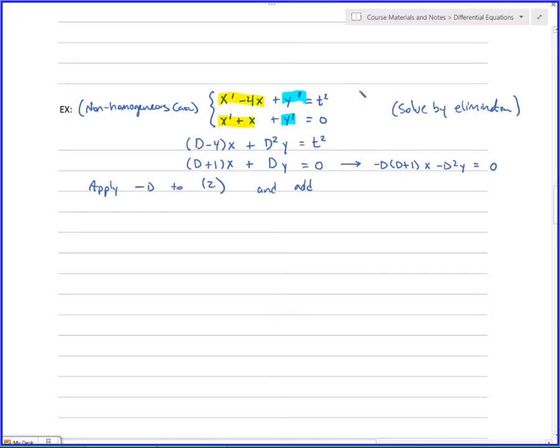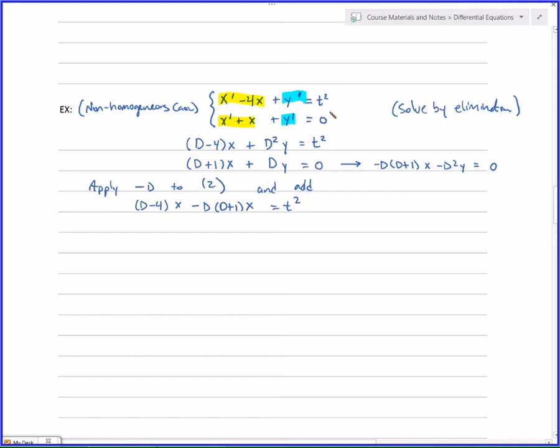Now I'm going to add these together. I'm going to get D minus 4 x minus D times D plus 1 x. The y's drop out, equals t squared. You with me okay?